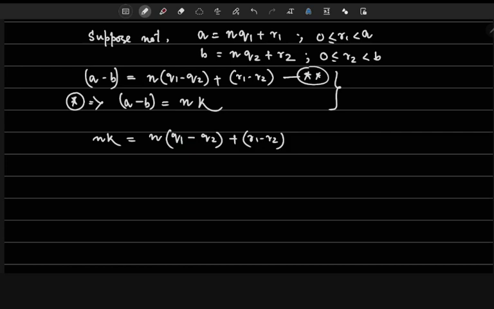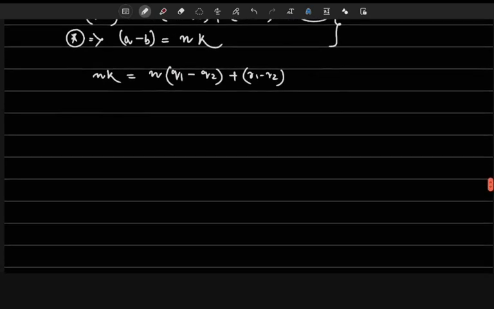Now simply think: if r1 is greater than r2, then r1 minus r2 is greater than 0, and r1, r2 both are actually less than n.